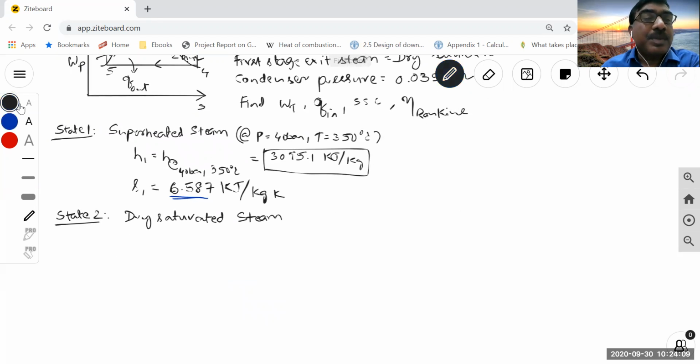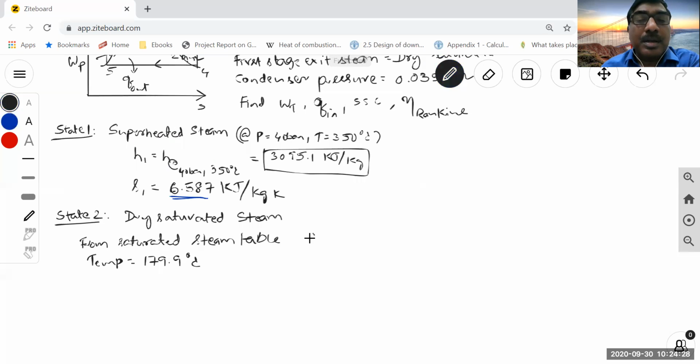So from the saturated steam table, temperature is equal to 179.9 degrees centigrade at Sg equal to 6.587.